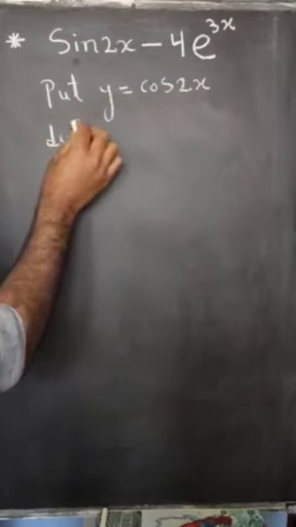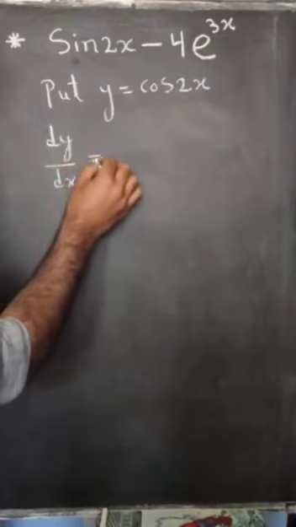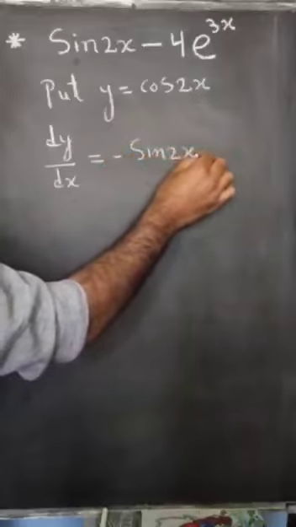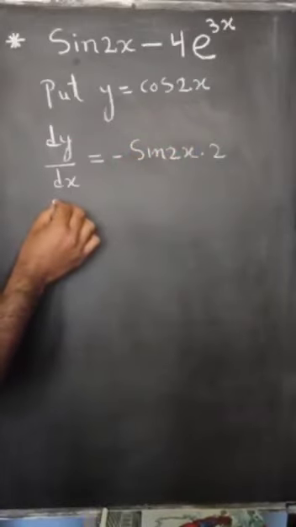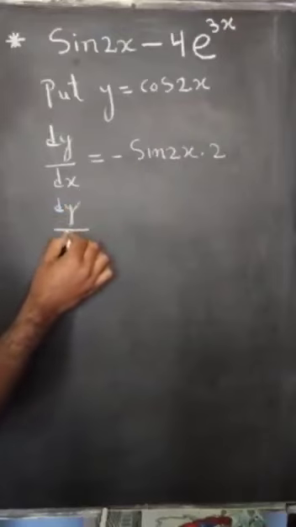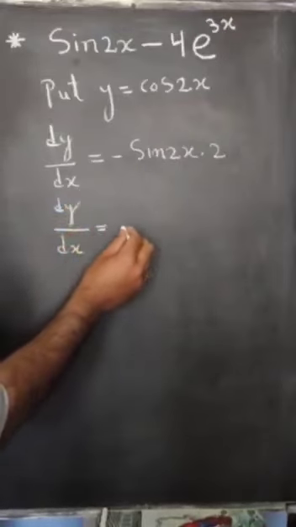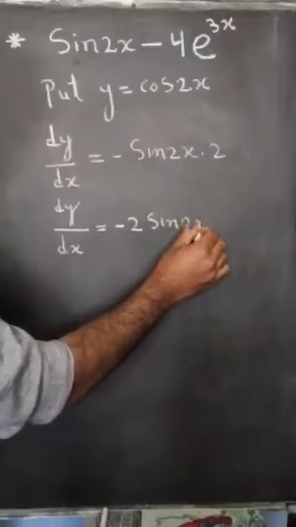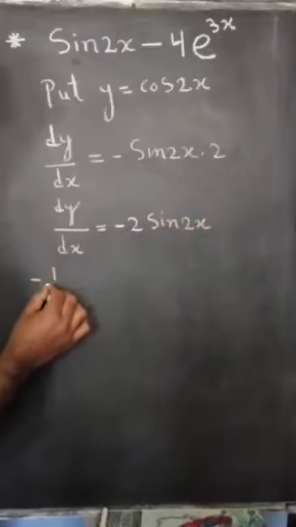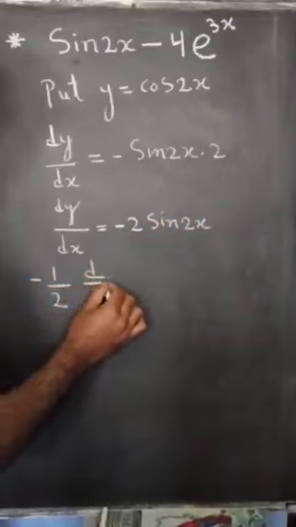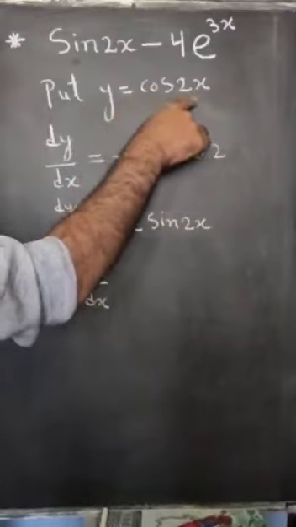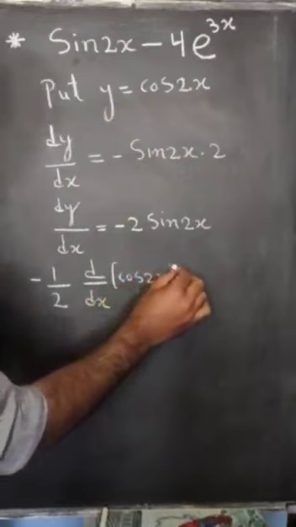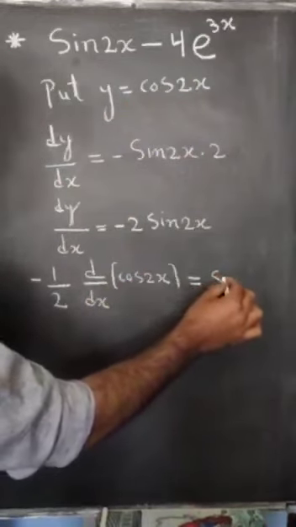Now differentiate y with respect to x, we get dy by dx is equal to minus sine 2x into 2, or dy by dx is equal to minus 2 times sine of 2x, or we can write minus 1 by 2 times d by dx of y is equal to cos of 2x, so we write cos of 2x instead of y, that is equal to sine of 2x.